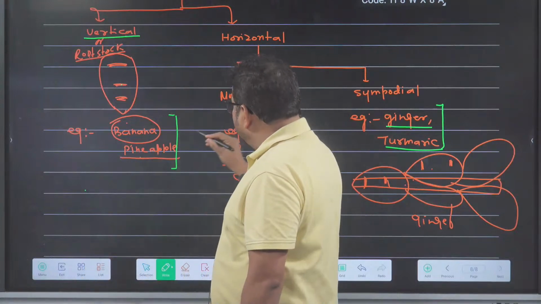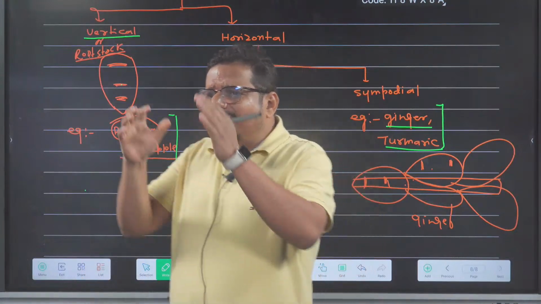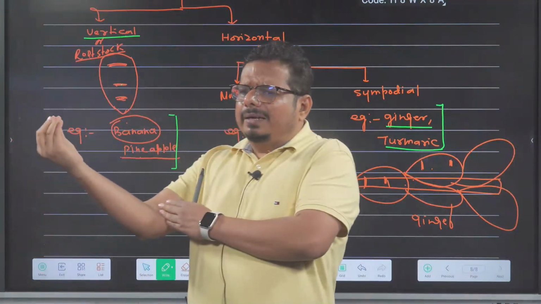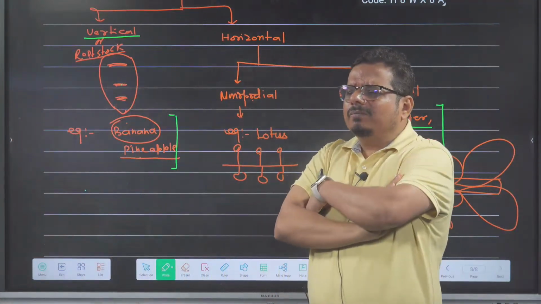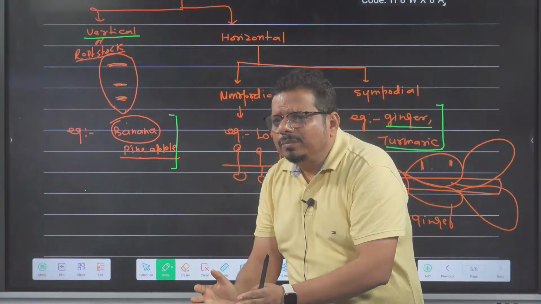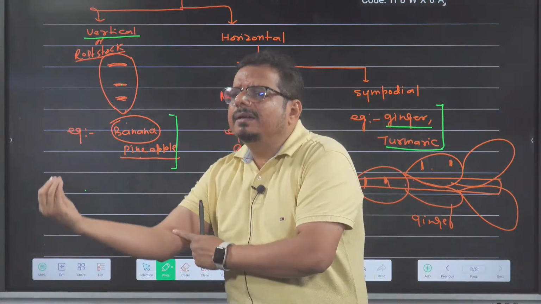From this rhizome, you see sometimes near the old banana tree, a small new banana tree arises. Have you seen it? Near the base of the old banana tree, a new banana tree is emerging.